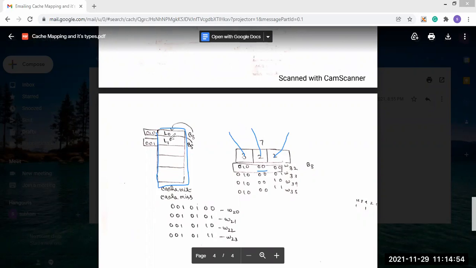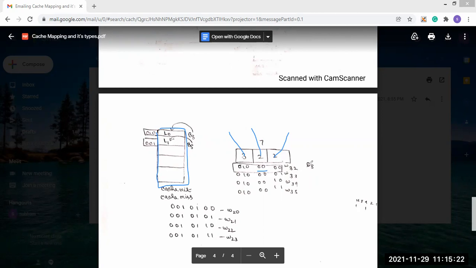So we have to use the 4 combinations: 00, 01, 10, and 11. If we convert it into decimal, it will be 32, 33, 34, and 35. Now word numbers 32, 33, 34, 35 are of block number 8.